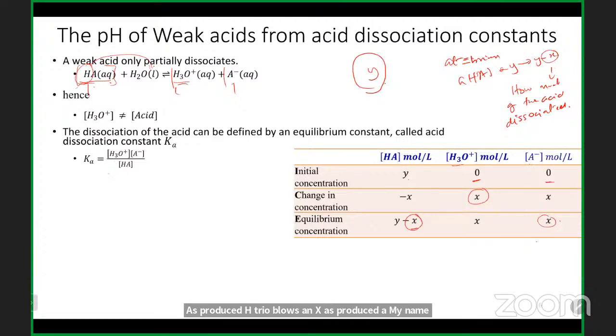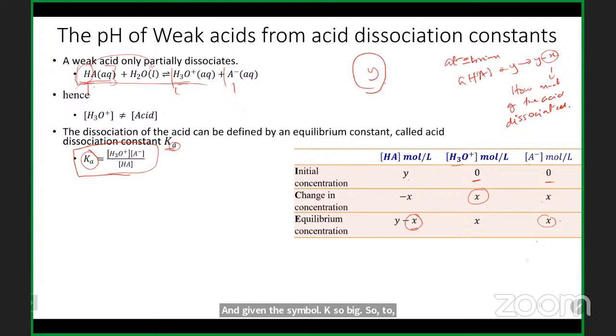The equilibrium constant for this dissociation is H3O plus times A minus over HA. It is called the acid dissociation constant and given the symbol Ka. A to indicate acid.